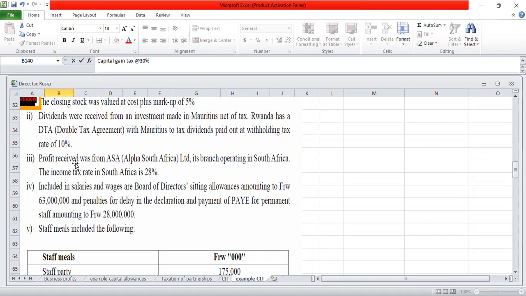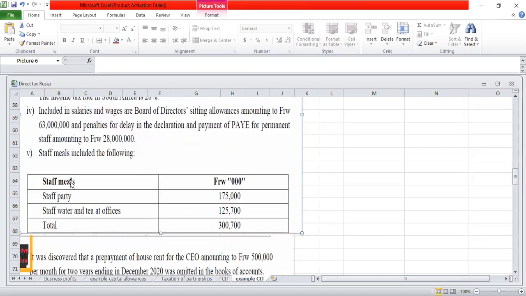Profit received was from South Africa, a branch of that. Included in salaries and wages are board sitting allowance of that, and the penalties for delay of payment of that. So the sitting allowances are allowed, the penalties are not allowed. Staff meals include the following: staff party, not allowed. Staff water and tea at offices, if it is given to everyone, that one is allowed.